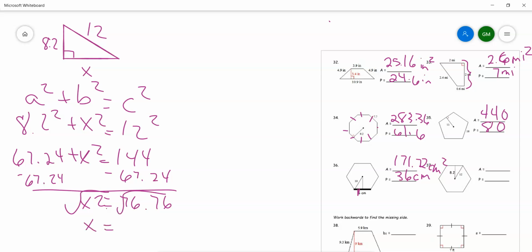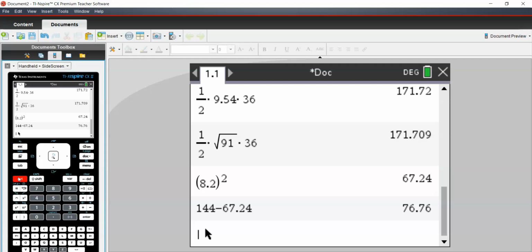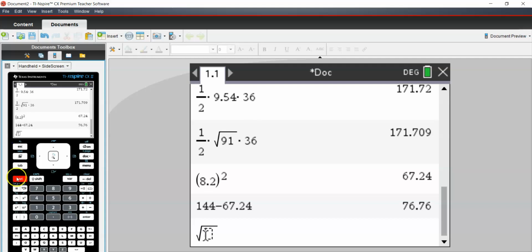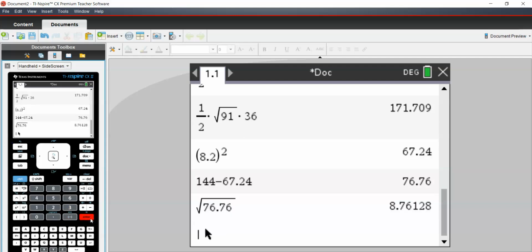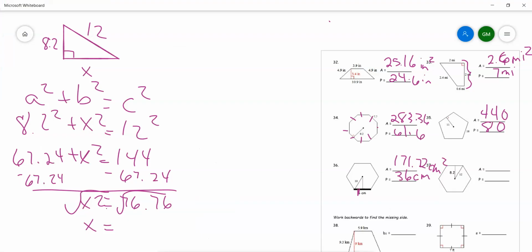And x is approximately the square root of the answer. Let's go with 8.76 because it's 8.761, rounded to the nearest hundredth. So in this case, half of the side length is about 8.76.